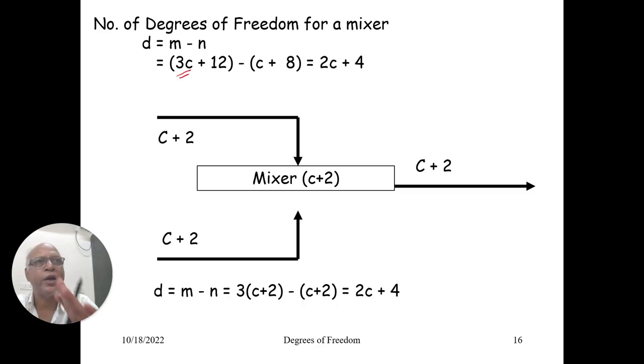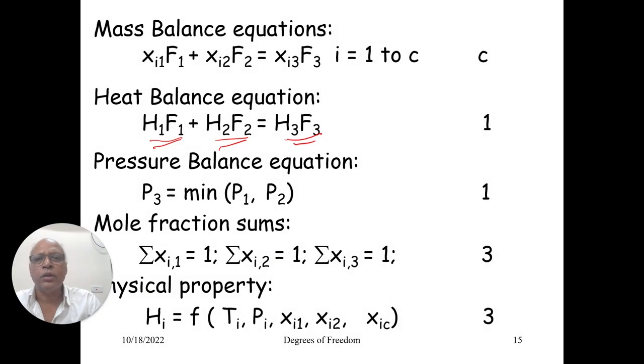Remember, when you are trying to identify the number of variables, you have to consider all the variables, irrespective of whether they are dependent or independent, right? What about this 12? We saw 3 enthalpies, 3 flow rates, 6, 3 pressures, 9, 3 temperatures, another 3, 12.